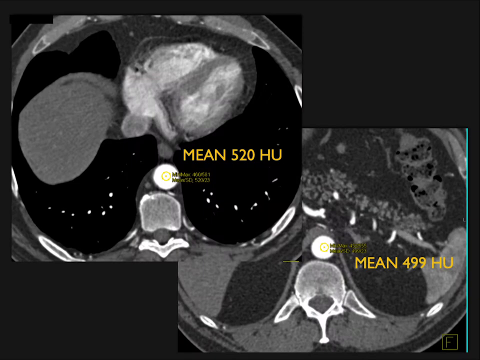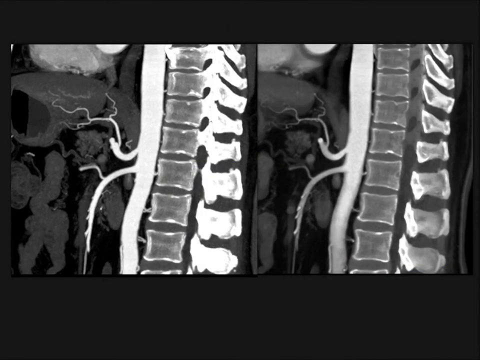And you can see when you do things correctly, 5 cc's a second, 100 cc's, you're getting an average attenuation of 500 Hounsfield units. And when you time things correctly, the opacification of the entire vessel is the same, and so you don't have any streak artifacts or flow-related artifacts. Everything looks good, and so your 3D mapping looks particularly good.